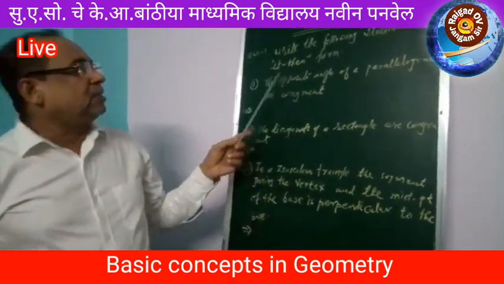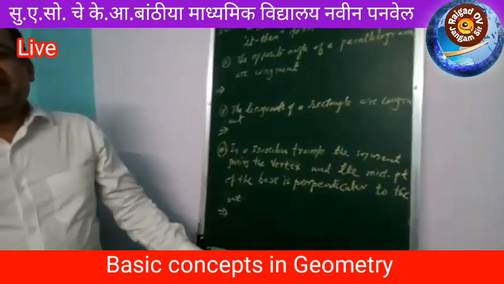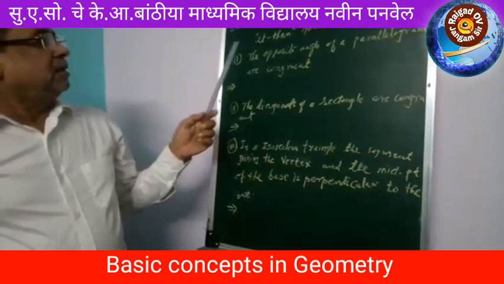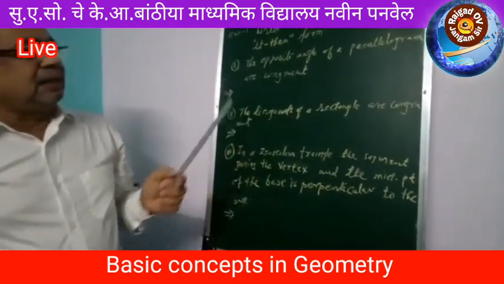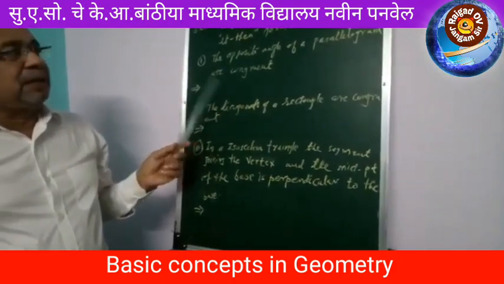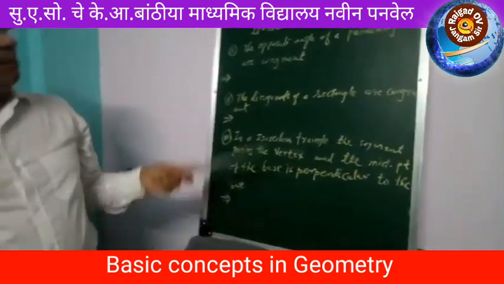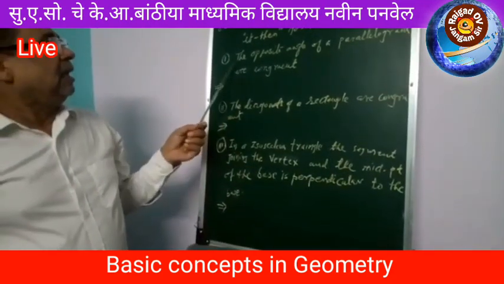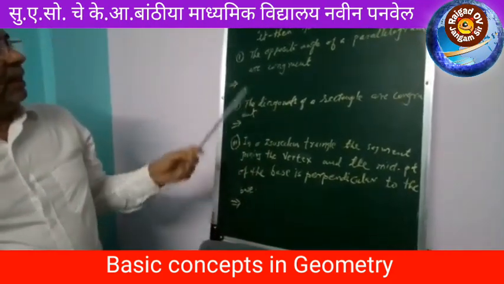You convert this statement into a conditional statement. If-then form means that the two words are contained in the sentence, and it is called the conditional statement. So how can you write this sentence in the if-then form? Listen here.